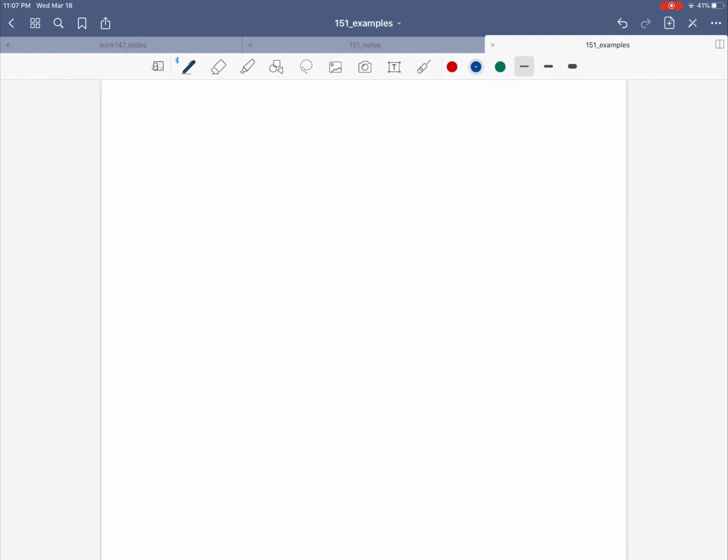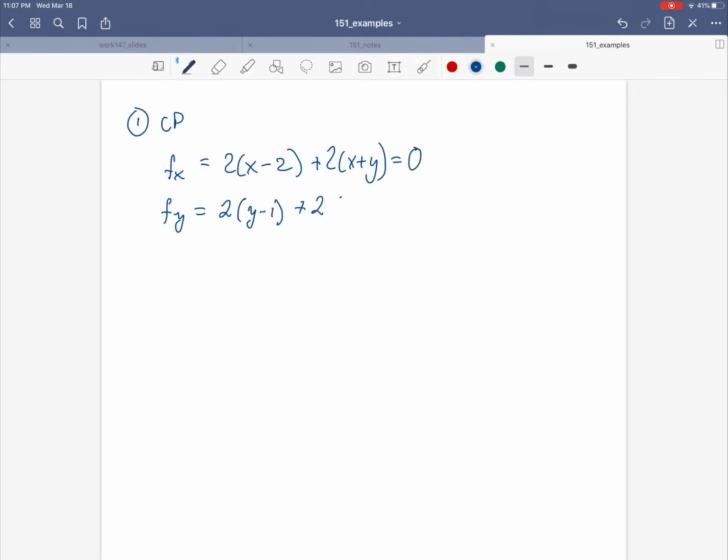Let's do that on the next slide. The critical points are given by f_x, which when I compute the derivative is 2(x minus 2) plus 2(x plus y), set equal to 0, and f_y, which comes to 2(y minus 1) plus 2(x plus y), set equal to 0.